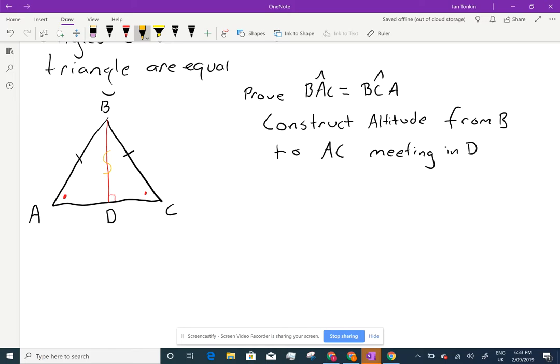So I can use RHS. So this proof's pretty easy. So let's go with the right angle because I'm doing RHS. BDA equals 90 degrees equals BDC.